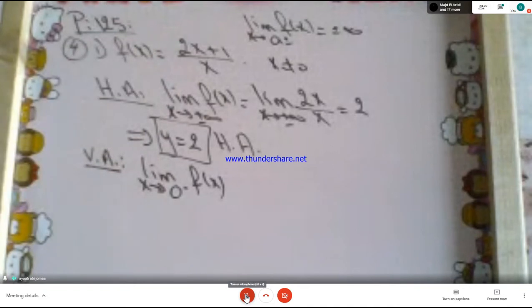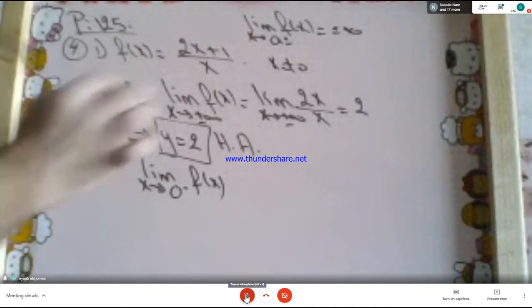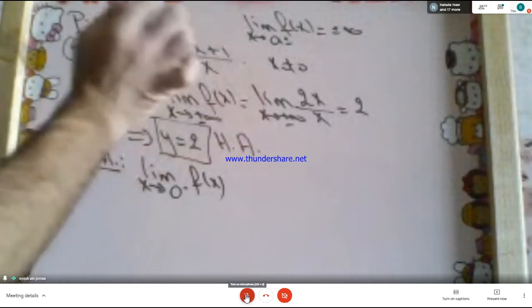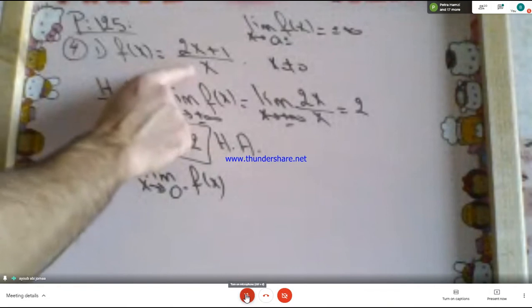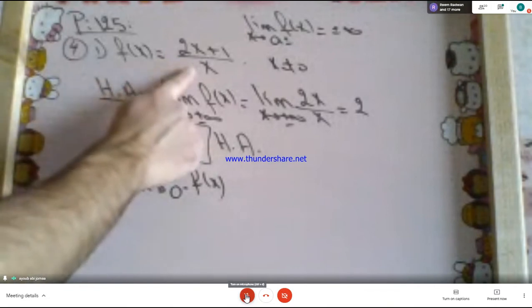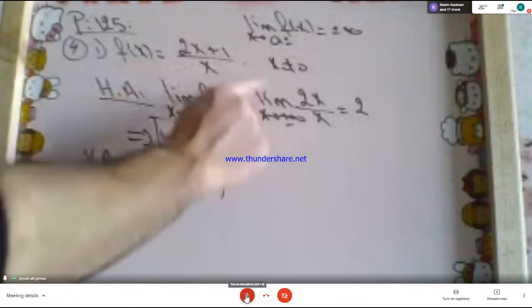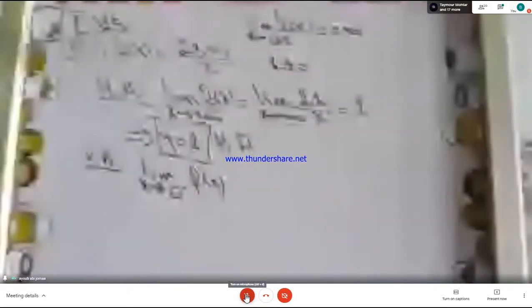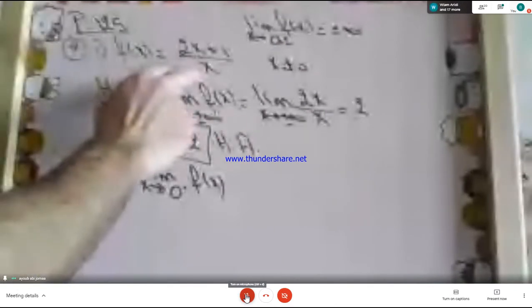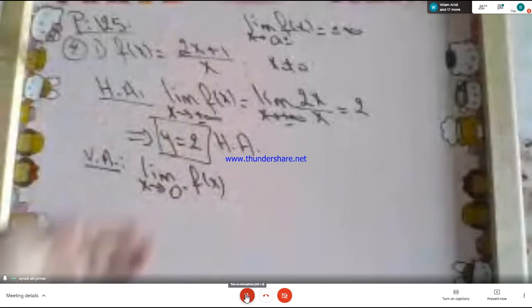But for the rational functions, polynomial over polynomial, you consider the roots of the denominator, or you put the denominator equal to 0, as if you are finding the domain. The roots of the denominator could be vertical asymptotes, because you have to find the limit.